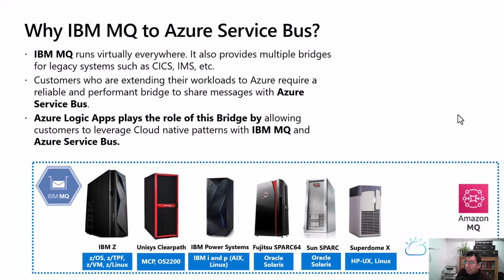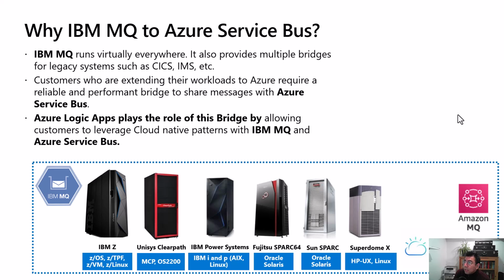We see it in IBM Z systems, z/OS, zTPF, zVM, zLinux. We see it in Unix systems, IBM Power Systems, Fujitsu SPARC, Sun SPARC, Superdome, the IBM Cloud, the Amazon MQ. So it runs in our cloud in virtual machines as well, right?